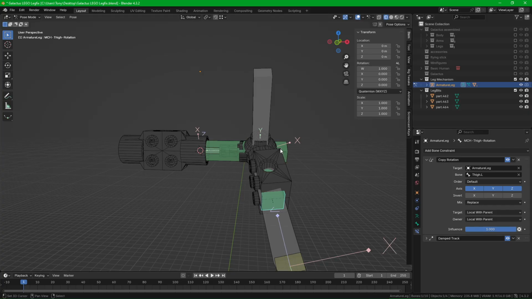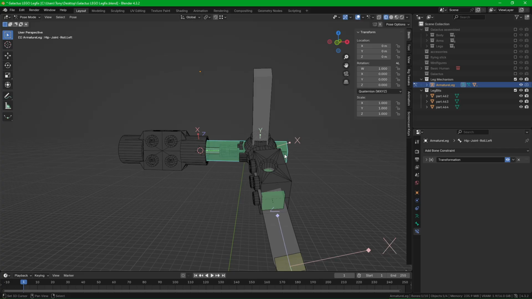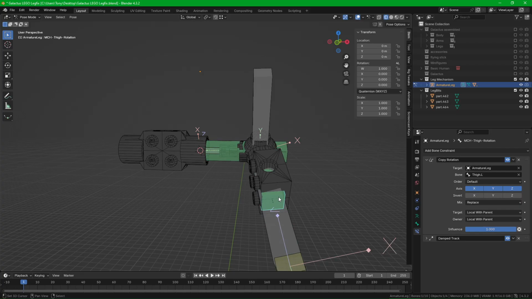Instead of using the damp track, you could have used transformation here, and you could have said, look at this bone's X rotation and counter rotate by some degree. You know what I mean?